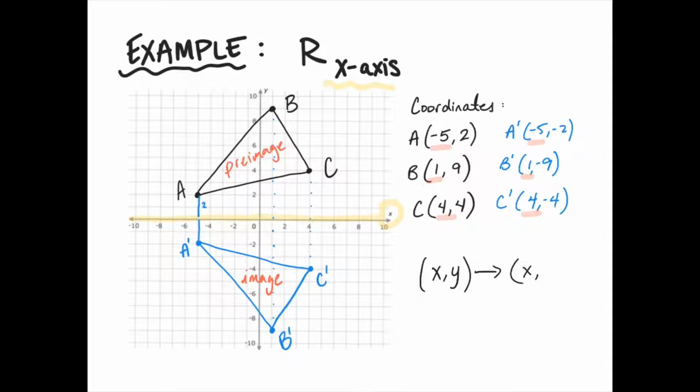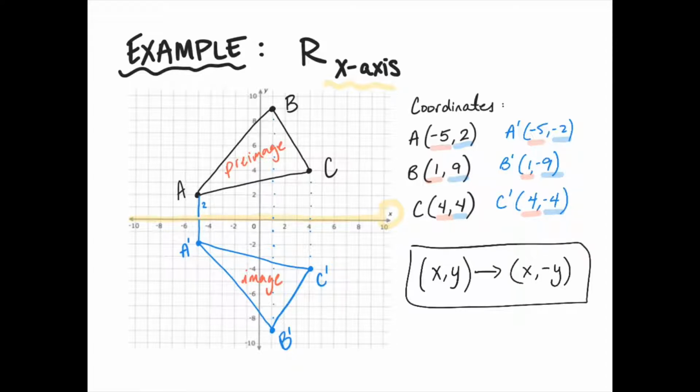Check out the y values. 2 and -2, 9 and -9, 4 and -4. When we reflected over the x-axis, our y values did change. They always ended up as the opposite sign. So our rule would say that any point x comma y would turn into x comma -y, or x comma opposite of y. That's our rule. So you really can do this without plotting it all out if you know the rule. But people forget that stuff.